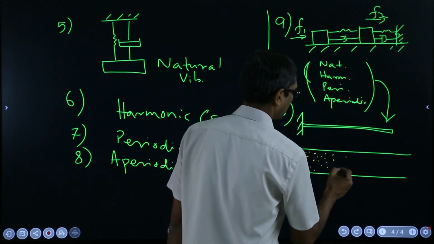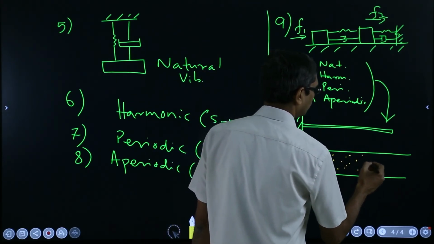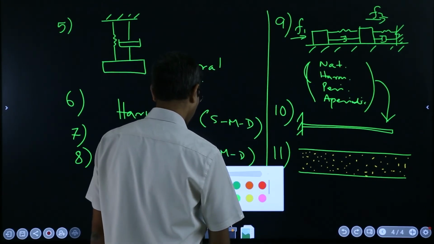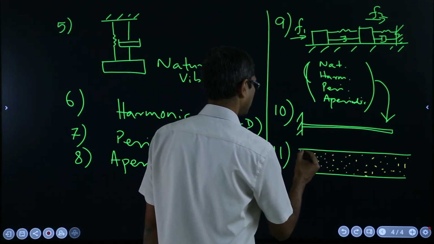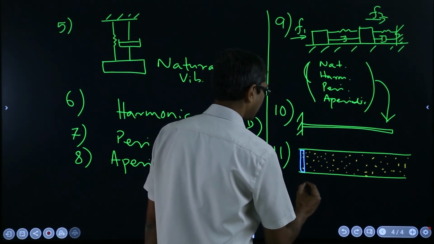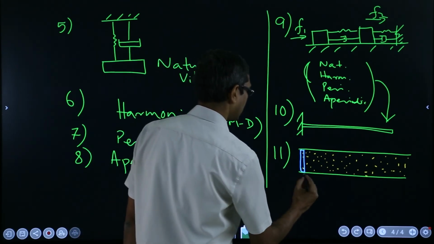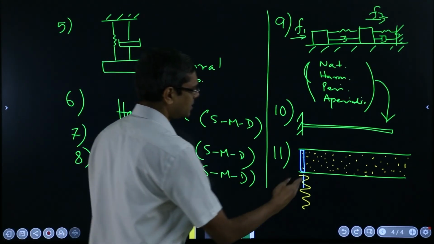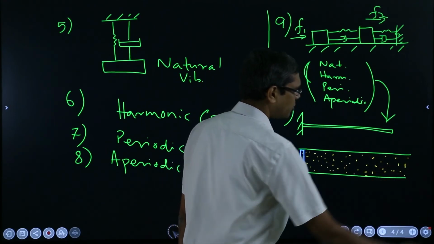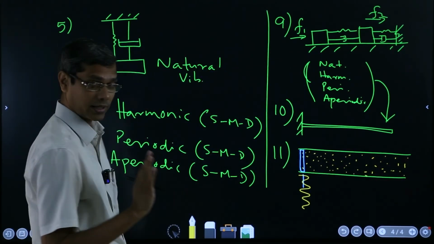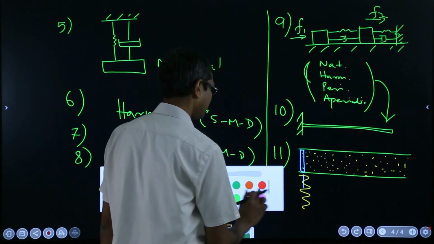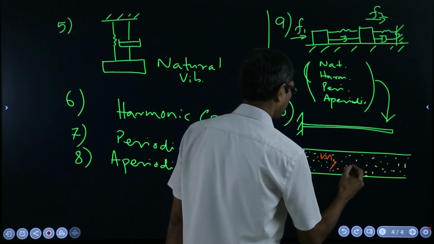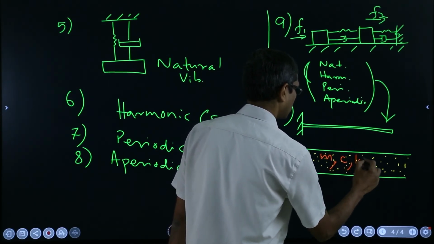Now you put a piston here and keep oscillating this piston. Then these waves will start propagating, and again the same thing. Here you will have some sort of mass, some sort of damping, and some sort of stiffness.